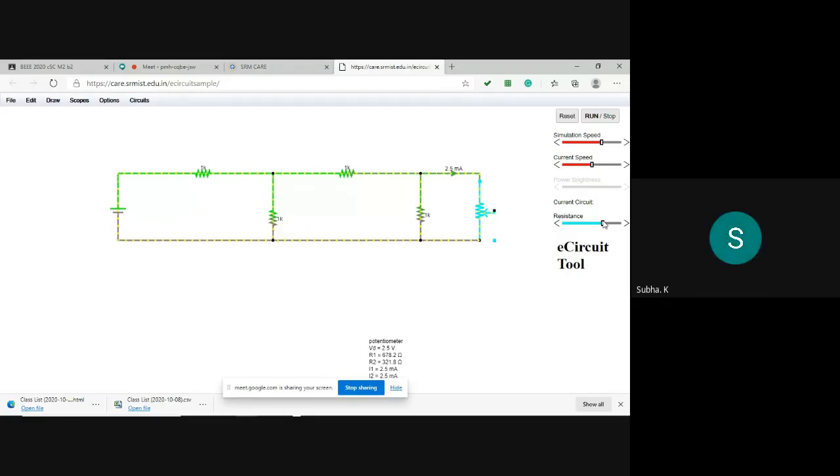See, one problem if you are using a potentiometer is that no matter how much I vary, the voltage and the current are not varying. Ma'am, we need to connect the lower line to the slider, else the complete resistance of the potentiometer will be taken.